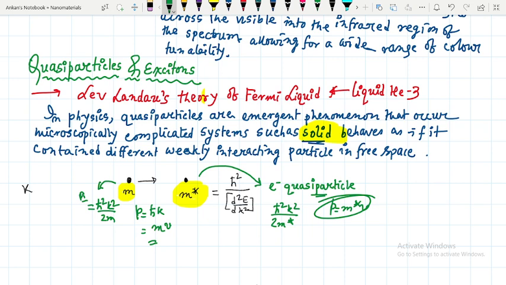They discussed that inside the lattice, the lattice atoms are connected by some elastic bonds.